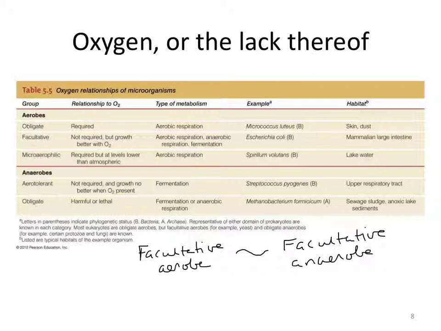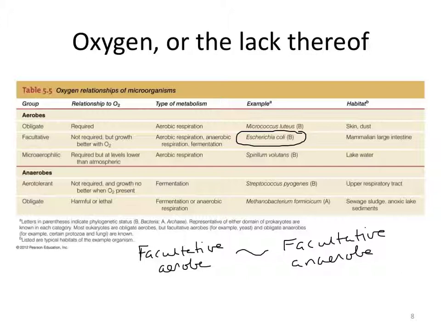As I mentioned previously, E. coli is able to use a variety of energy yielding processes. It can do aerobic respiration, it can do anaerobic respiration using nitrate, and it's also capable of fermentation, the third equation that I showed you on a previous slide. So it's a facultative aerobe. It could also be called a facultative anaerobe.